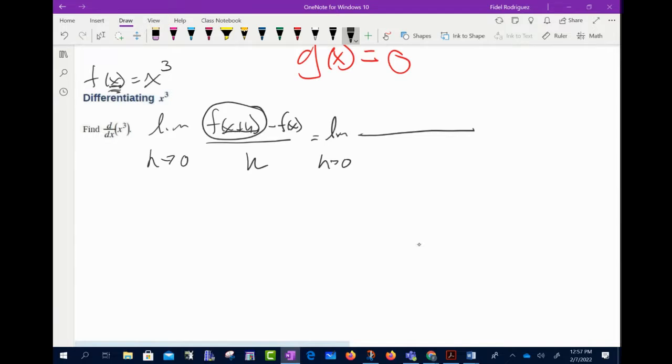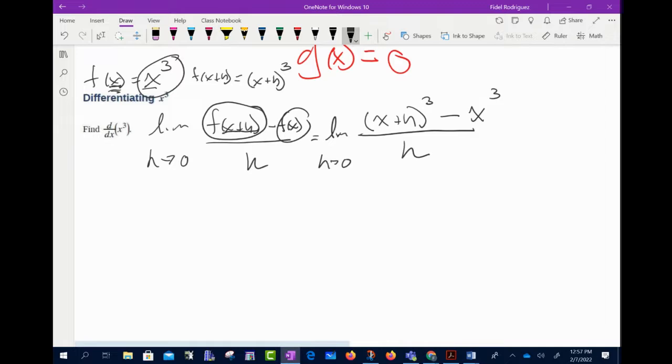If f of x is equal to x to the third, wouldn't f of x plus h be x plus h to the third? Does that make sense? Minus f of x, which we already know is x to the third, all divided by h.